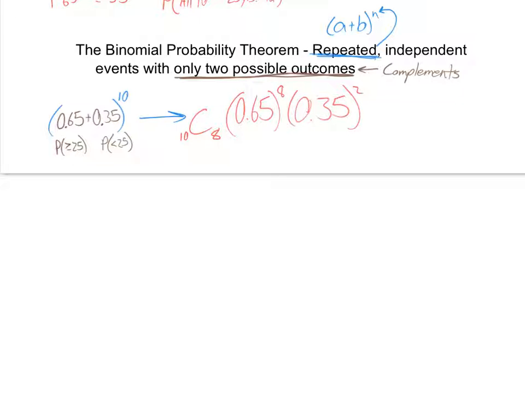So what about 10 choose 8? This right here, let's figure out what this equals. 10 choose 8 is 45. Times 0.65 to the 8th times 0.35 squared. What does this all equal?